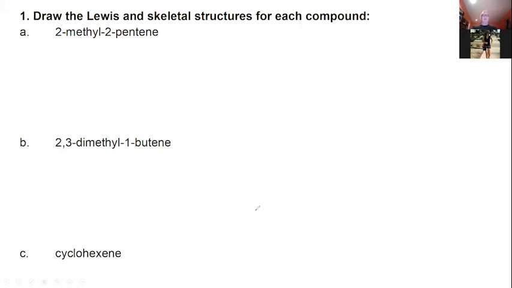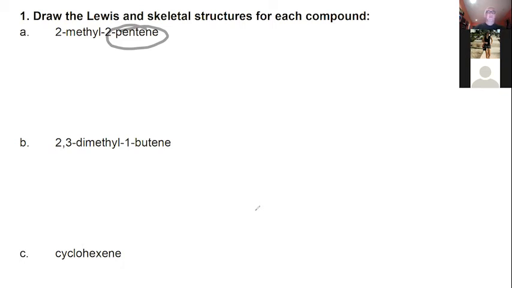So the way I like to do these is basically find the root. What's the root structure of each of these compounds? And that's going to be at the end. So for instance, pentene, how many carbons is that? Pen. 5, right.